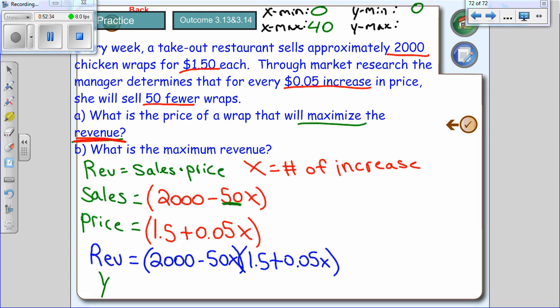If I could take 3,000 revenue and change it into 5,000 revenue, I would be a very happy person. Now that's probably too lofty of a goal. If it is, then I adjust my Y maximum after I graph it. If it's not lofty enough of a goal, then I'll notice that I can't see the top of my graph, and then I'll adjust my Y max to be bigger. But I can always adjust based off of this. This will always show me the meat of my quadratic.